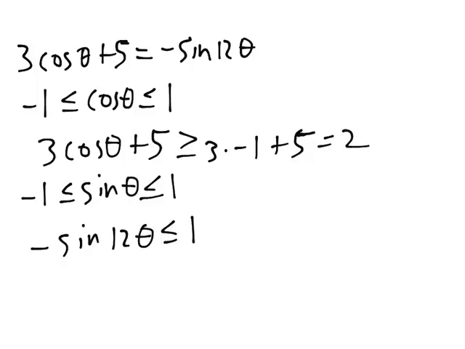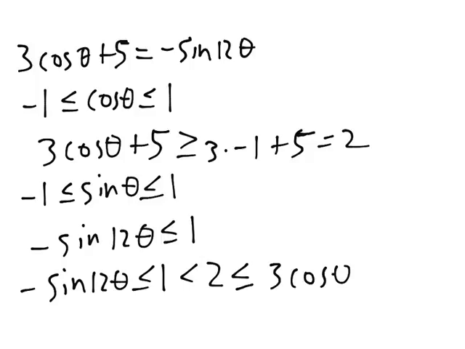But this tells us that minus sine of 12 theta is less than or equal to 1, which is less than 2, which is less than or equal to 3 cosine of theta plus 5. This means that one side of our equation is always less than the other side, no matter what theta is, so there can't possibly be any theta where they're equal.